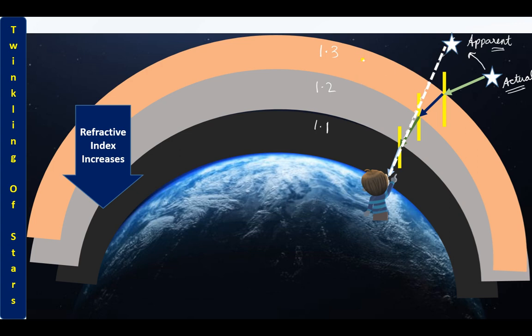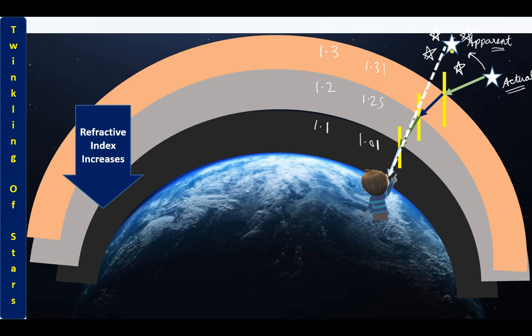Now after some time it is possible that the refractive index over here will become 1.31, over here 1.25, and over here 1.01. In that condition the star is actually present over here only, but the apparent image might not be here. Sometimes the apparent position is over here, sometimes over here, and sometimes over here. So now the star twinkles.